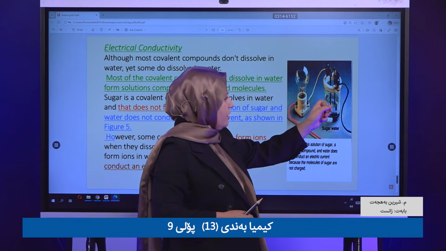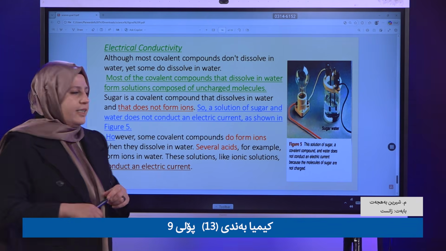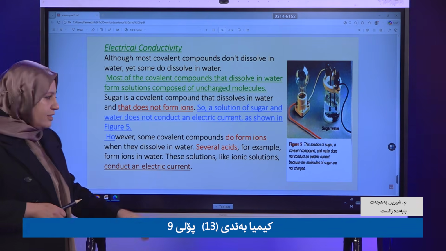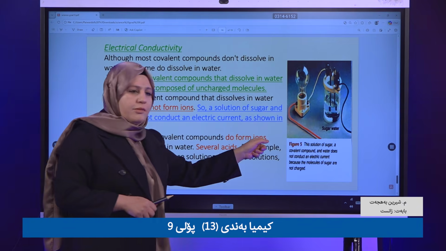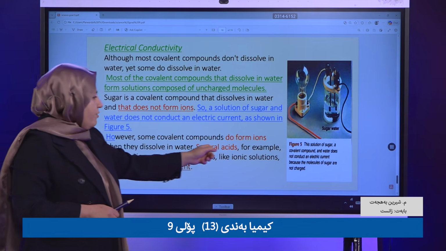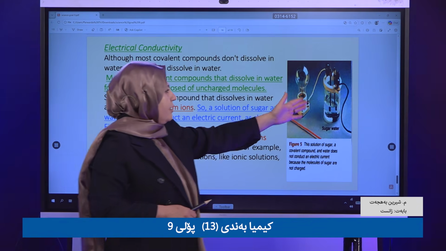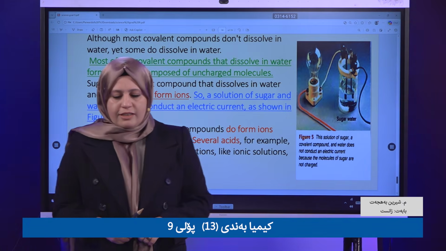Because the solution does not conduct, because it does not make any ionic charge. It's very important for the national exam. You should know this. However, some covalent compounds do form ions, for example acids. If you put an acid into water, the lamp starts to turn on. Thank you for listening, dear students.